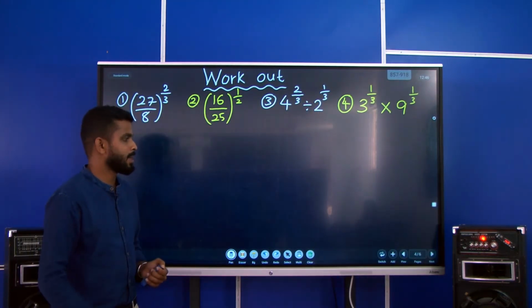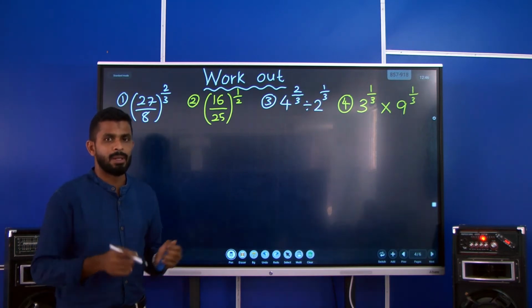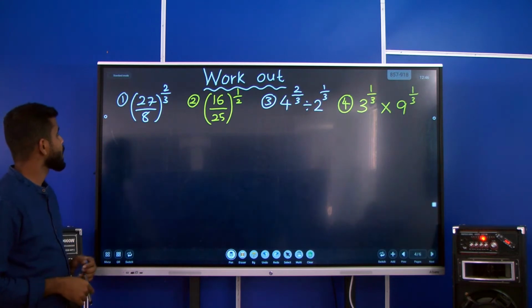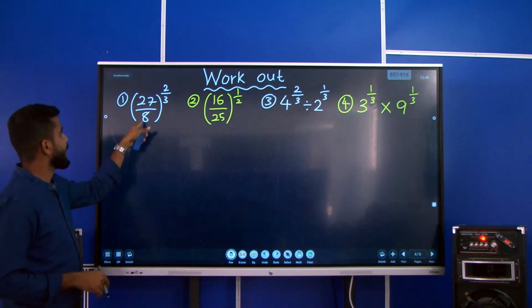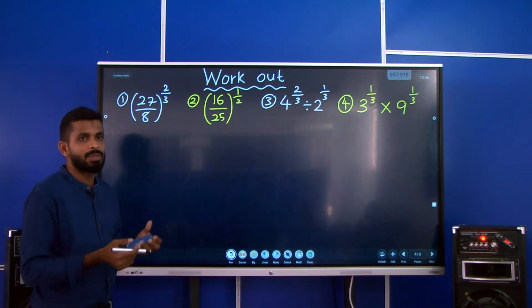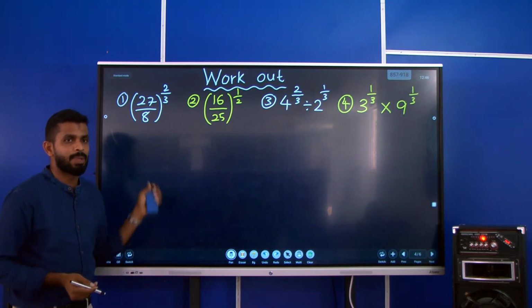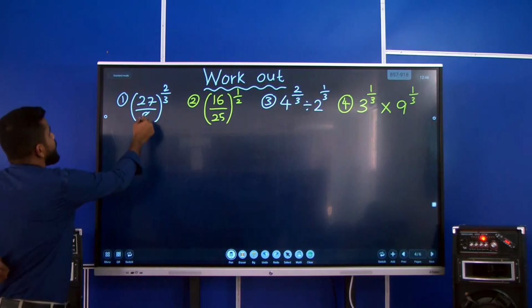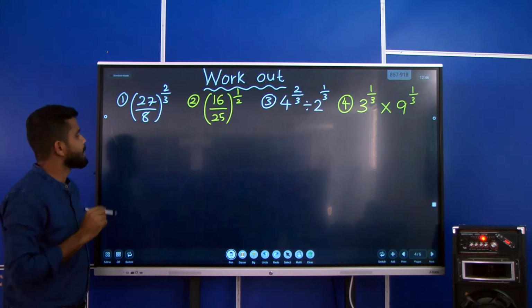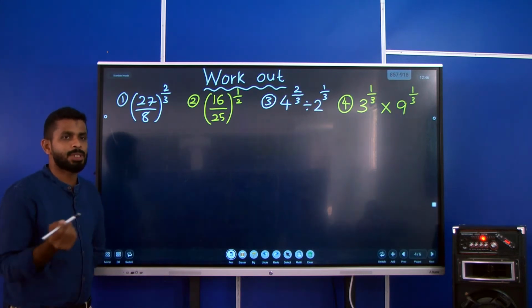I think this is time for us to do some exercises in this topic, what we have learned. See here, 27 divided by 8 to the power 2/3. The knowledge we have gained in this lesson, we are going to apply. How can I write 27 as an index?